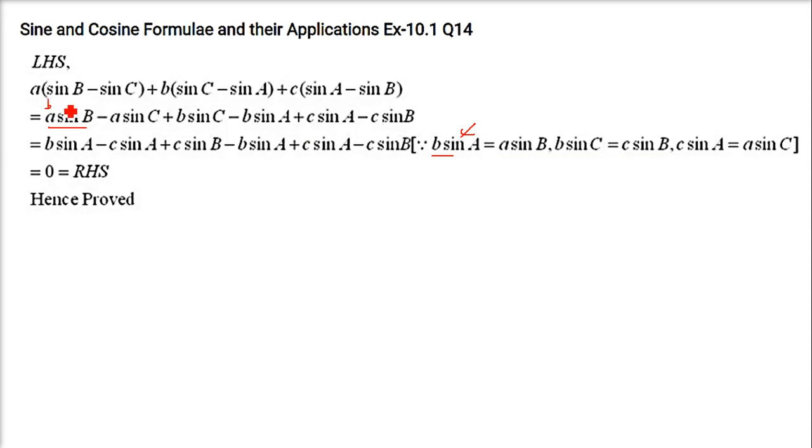When you put b sin a, this gets cancelled. In place of a sin c, you can write c sin a. If you write c sin a, this and this gets cancelled. In place of b sin c, you can write this as c sin b. When you write c sin b, this and this gets cancelled. So 0 will be there.